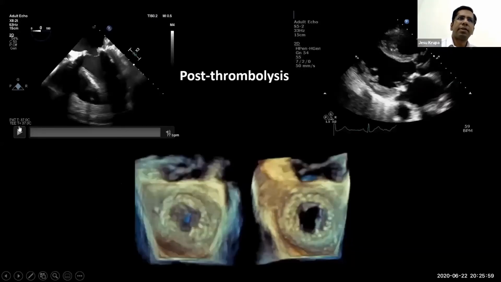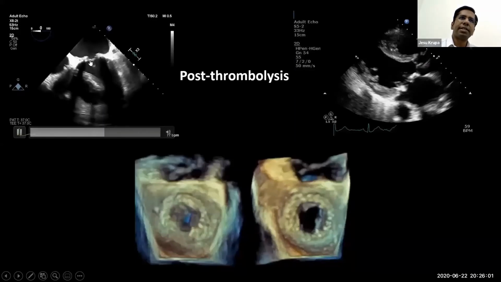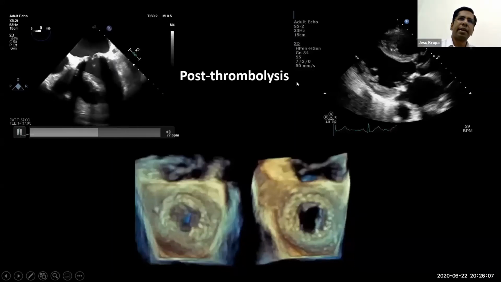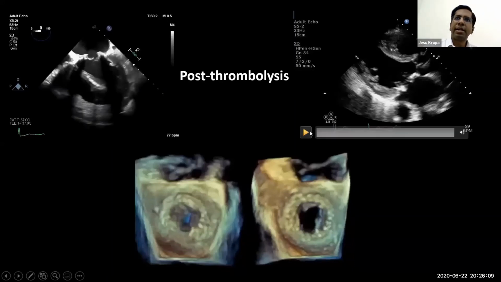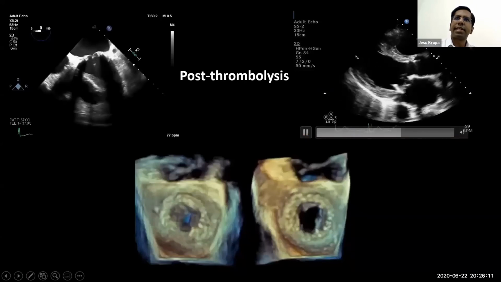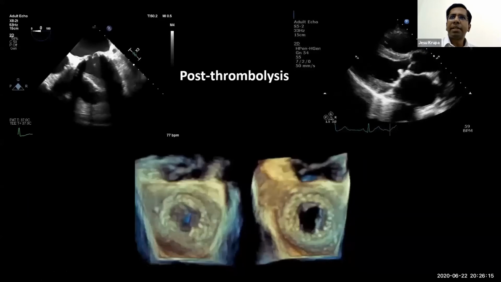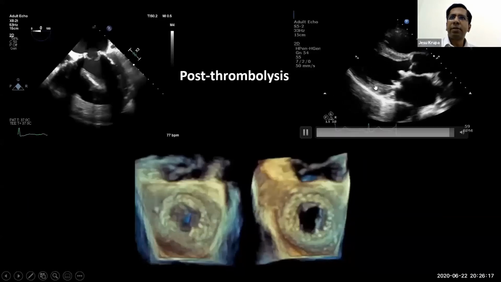This patient was thrombolized, and in the same image, 0 degrees, you can see post thrombolysis how all that clot has disappeared. It has become nice and thin. And this is the transthoracic echo also, back again. So this is also something to bear in mind.